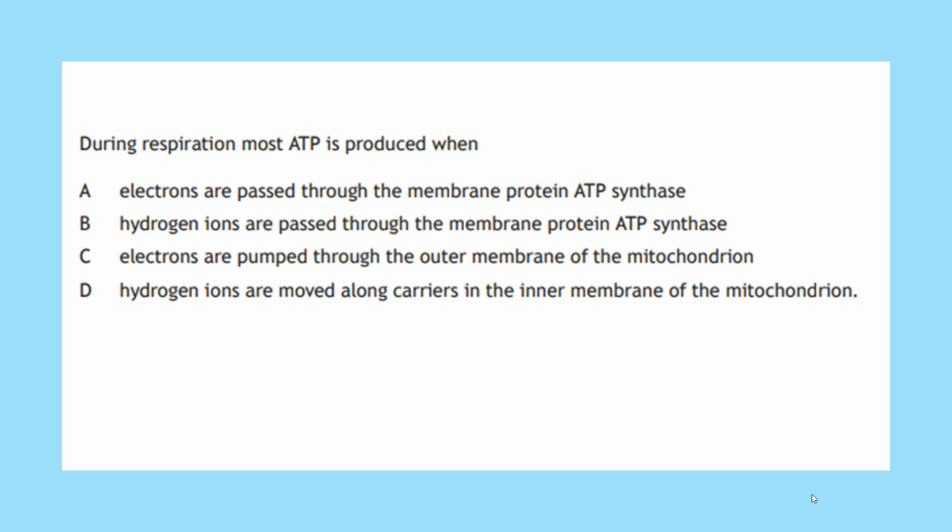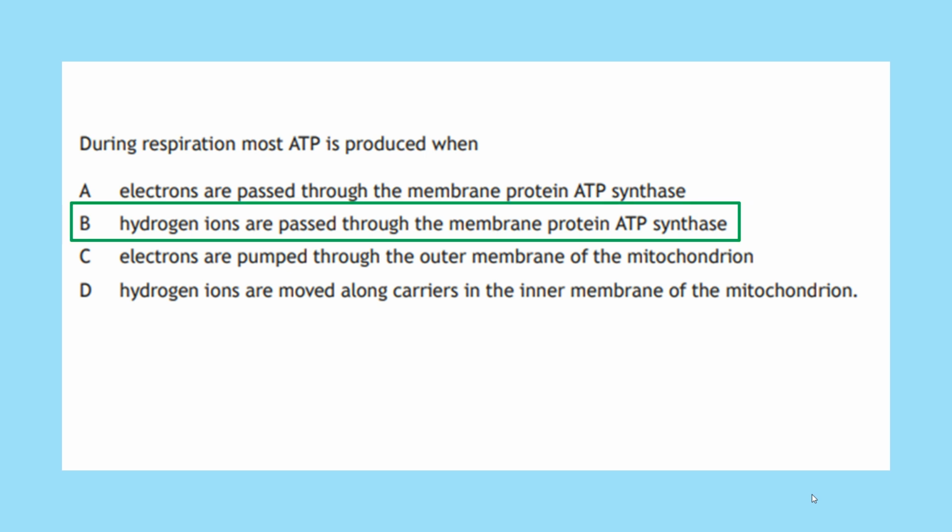The correct answer is B: during respiration, the most ATP is produced when the hydrogen ions pass through the membrane protein ATP synthase. That's the key to producing the ATP molecule. It's the powering of that enzyme, the phosphate being added back to the ADP to make the ATP molecule.